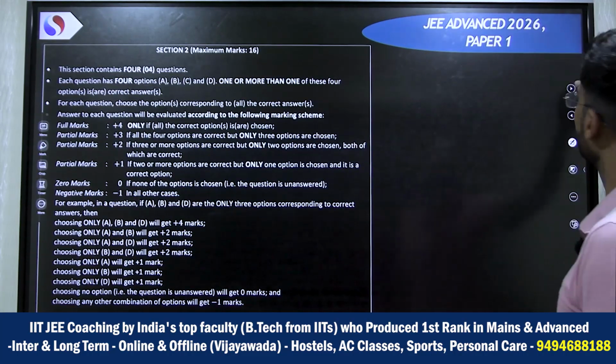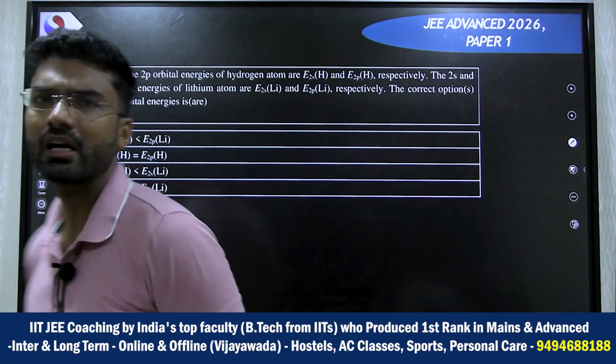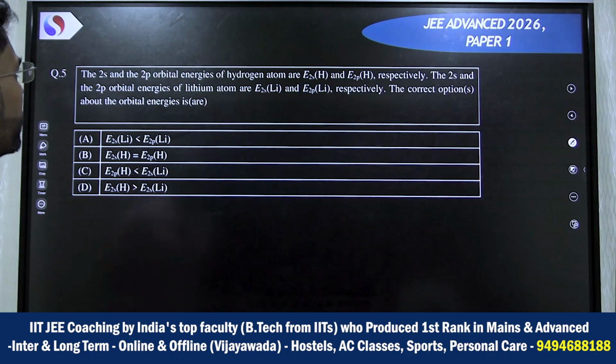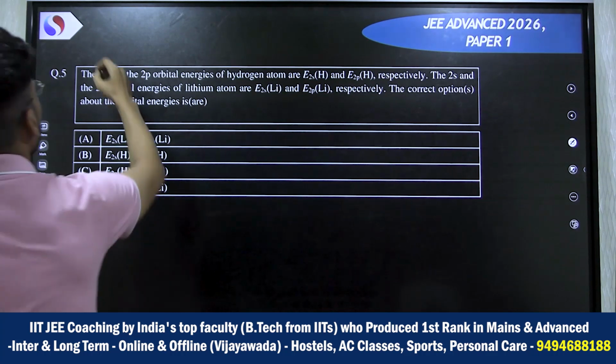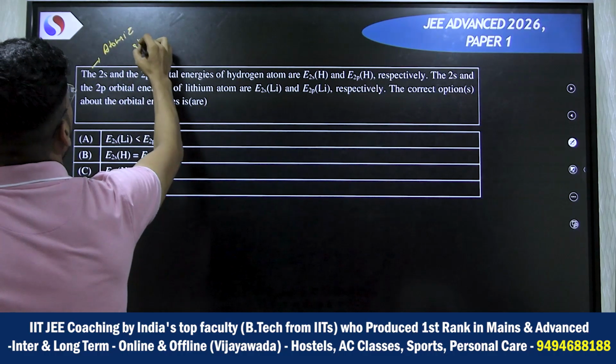Okay, next question. This is another question, again a simple one. It is about the 2s and 2p orbital energies of the hydrogen atom, so this question is from atomic structure.